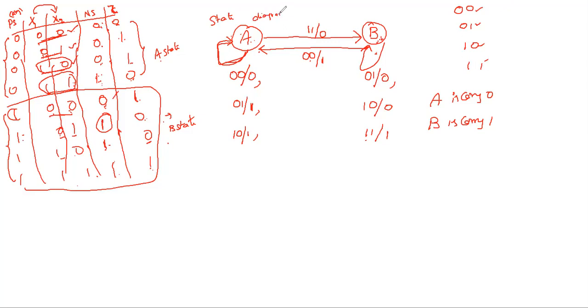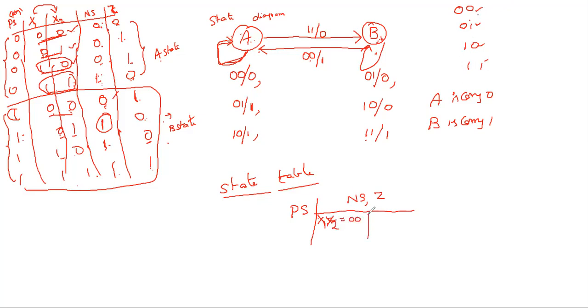Now I want the state table. So the state table requires present state, next state comma z. Now inputs: x is equal to what? Double zero here, so I am notating x1, x2. x1, x2 is 0 0.